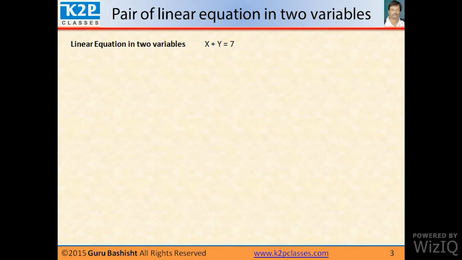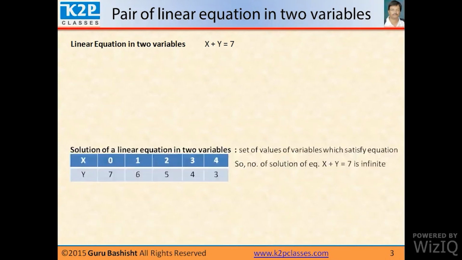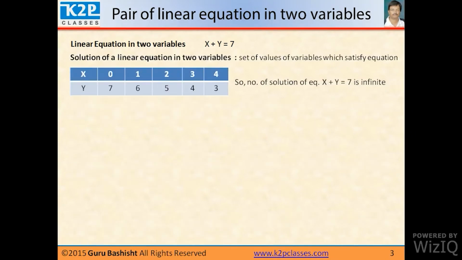Solution of a linear equation in two variables. The set of values of the variables which satisfy the equation is called a solution of the linear equation. In this equation x plus y equal to 7, if we take x equal to 0, y will be 7.